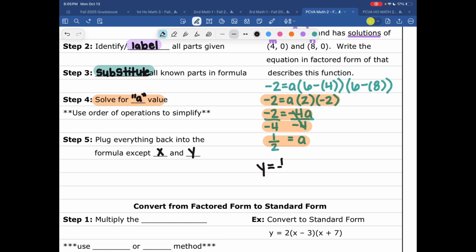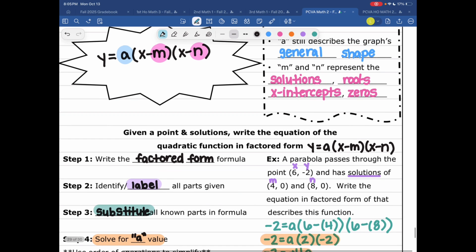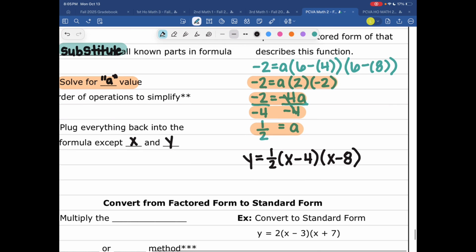So I know my a is 1/2, and so I have x minus my original 4, and then I have x minus my 8. And the reason it's minus is because that is the original formula. Now, if I have a number that's negative and I substitute, that's when it'll change into a positive.